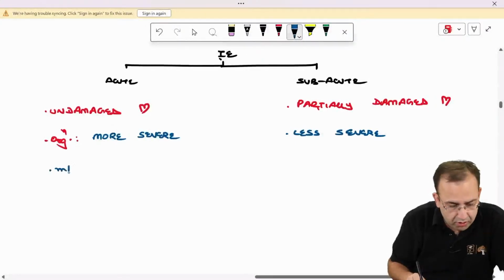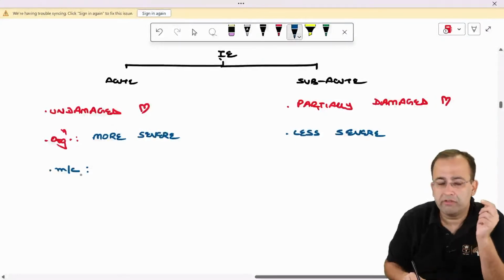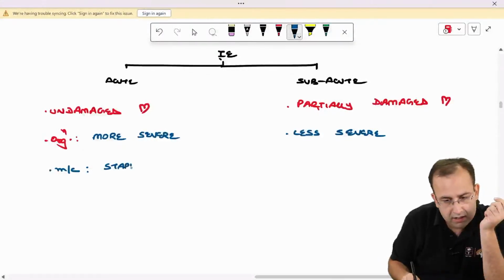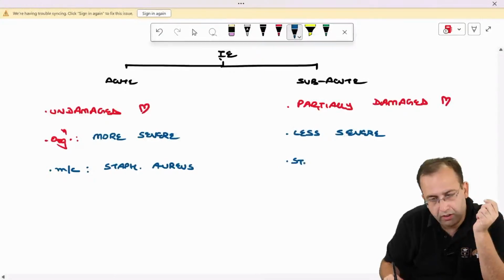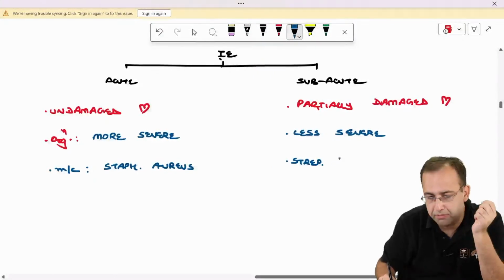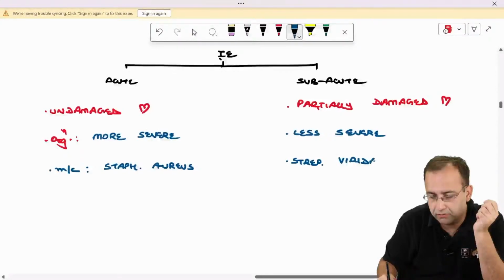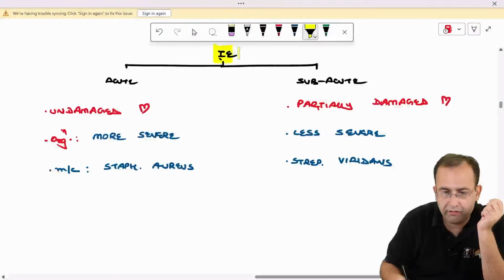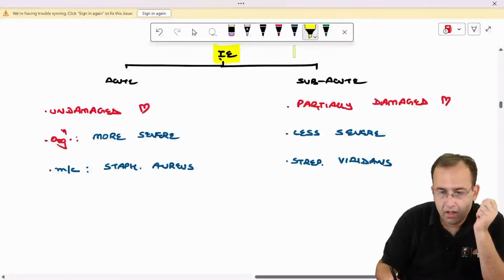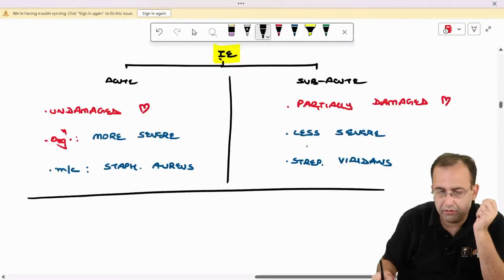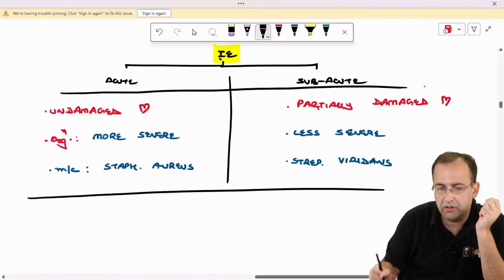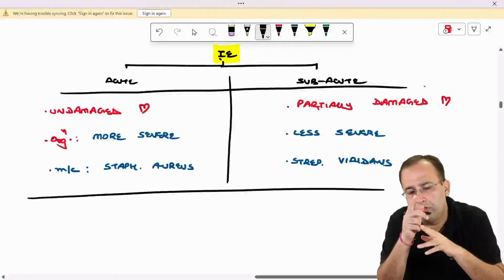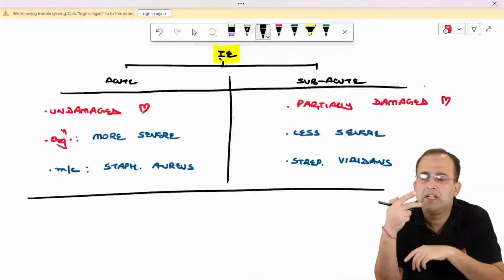The most common organism associated with acute infective endocarditis is Staph aureus, versus subacute infective endocarditis where the most common organism is strep viridans. An important topic, infective endocarditis. It affects the left side of the heart, involving the mitral followed by the aortic valve. It affects the left side.